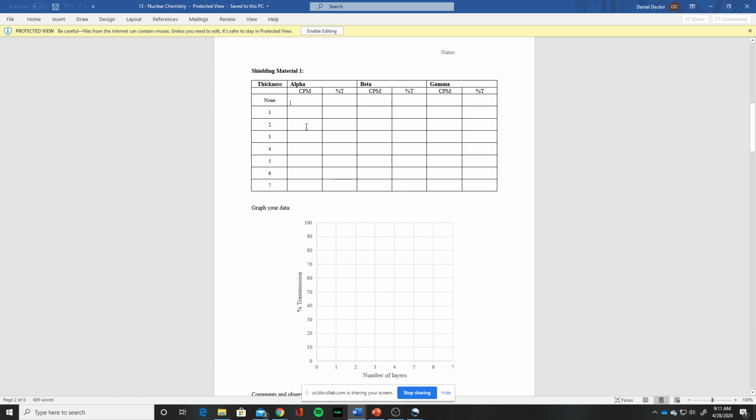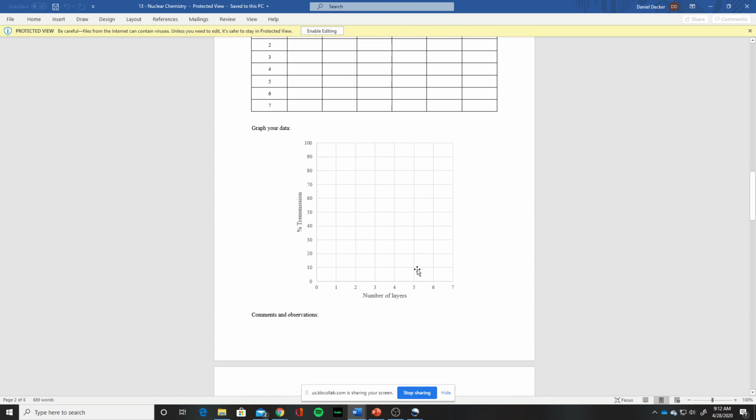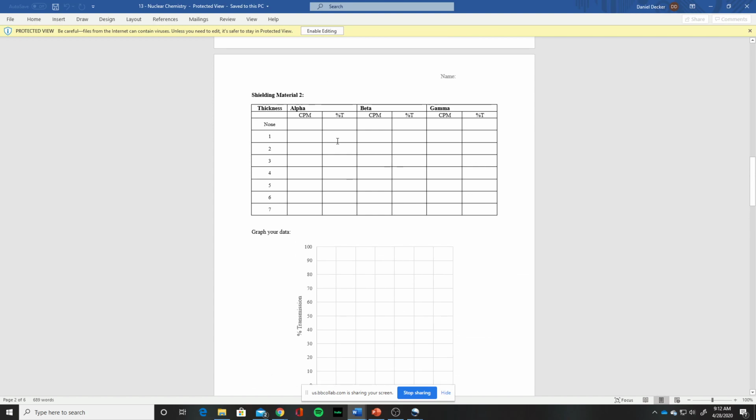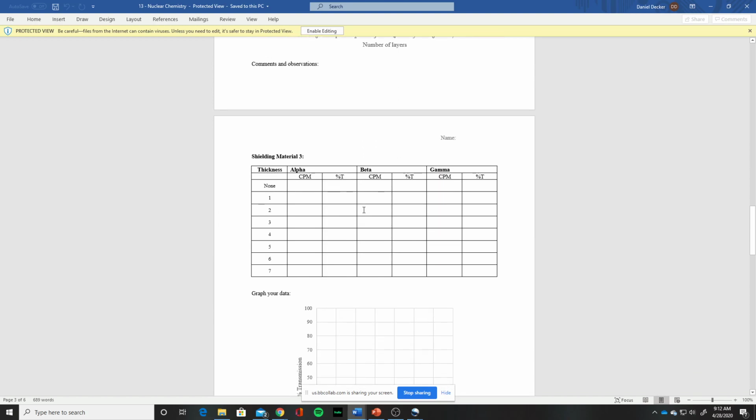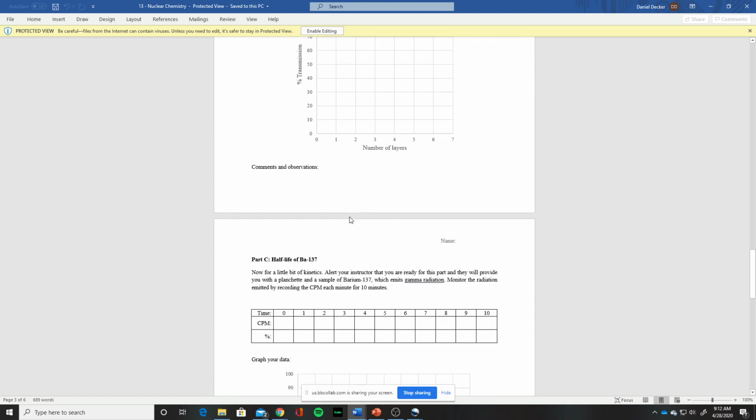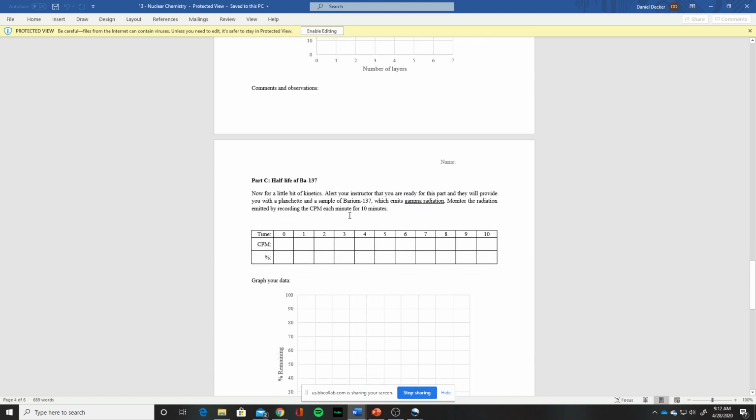But regardless, you would have to take that data, analyze it to make the graph for each of these different kinds of shielding materials. And those shielding materials will probably be things like aluminum or paper or things like that. Something that's fairly easy to get my hands on. And then part C, I know for sure I cannot do.